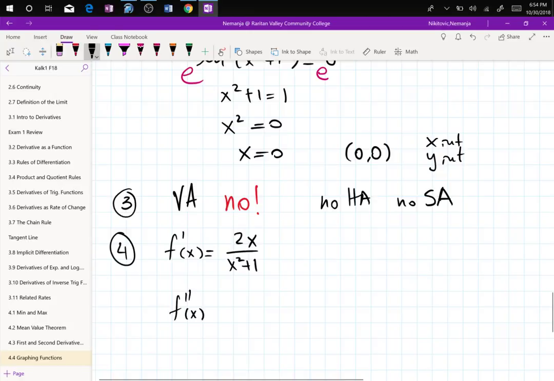Second derivative, quotient rule. By the way, are you going to use logarithmic differentiation here? You can. There is no need for a sledgehammer if you don't need one, but maybe you like using a sledgehammer all the time. By all means, go ahead. I'm just going to use the regular quotient rule.